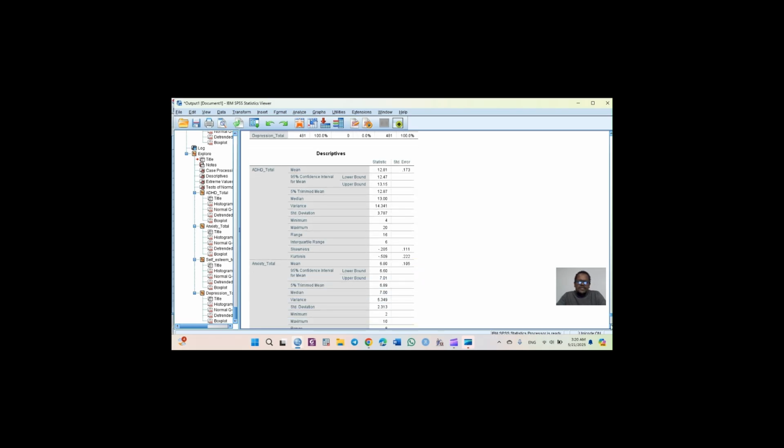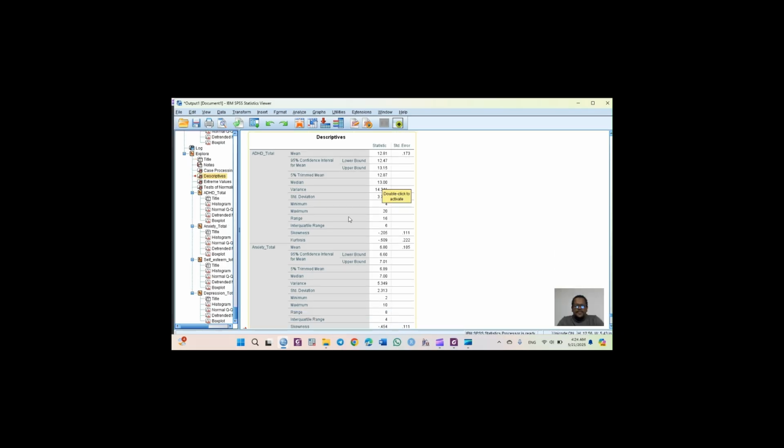We'll check further, but it still gives some hints. But if the mean and the 5% trimmed mean are very far apart, for example, the mean is 20 and the trimmed mean is 12, it shows there are outliers in the data. So that should be handled.